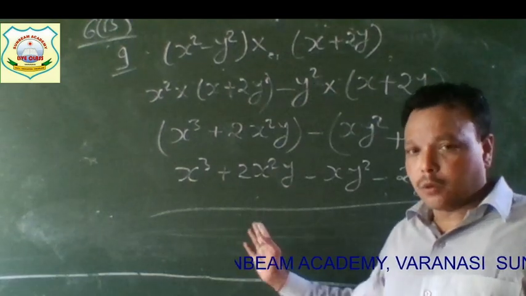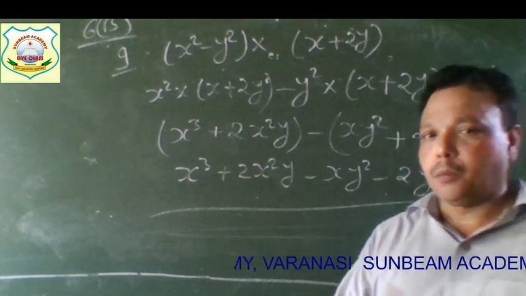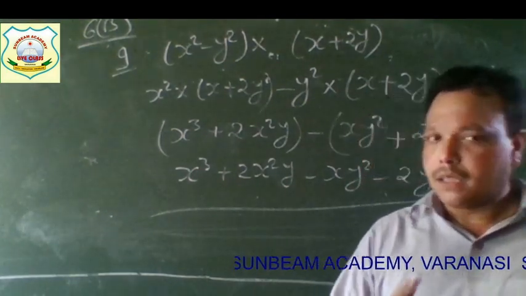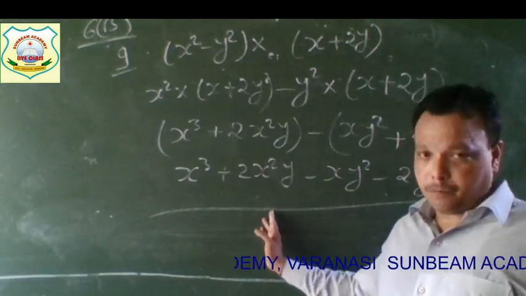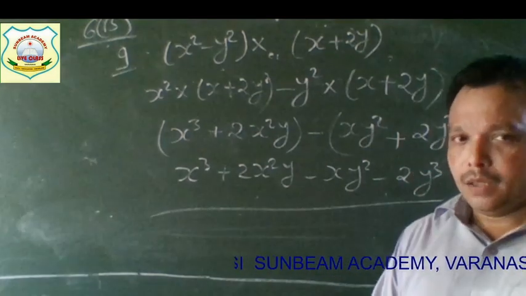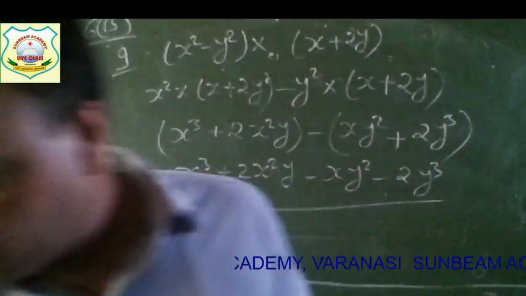So first of all you will write its notes, its rules, for multiplying two monomials, a polynomial and a monomial, and two binomials. You have to write, then you will start this exercise. Clear? So whatever I told you, this question you will do, and whatever is left from 1 to 10 also you will do. So the homework is, now I am writing here homework.